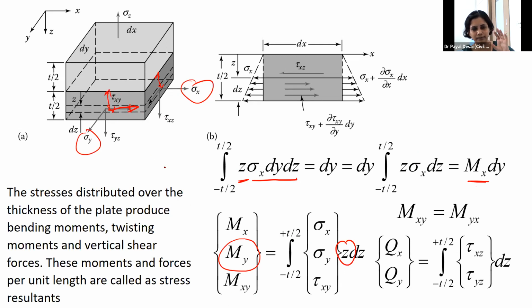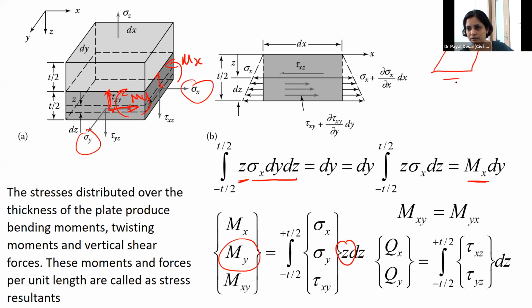So I want to replace tau xy with the twisting moment. Tau xy is the stress, you convert it into force, and then you find the moment due to that force. Then what is the direction of the twisting moment? So basically you get mx, you get my, and then you have the twisting moment all over the edges because of the shear stresses, which are complementary.